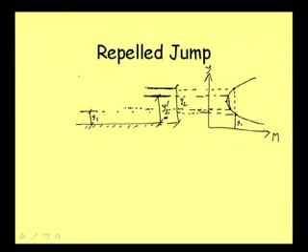The flow from this point will gradually rise in this direction. Why will the flow rise? Because this is a supercritical flow, and supercritical flow means it is less than the critical depth.